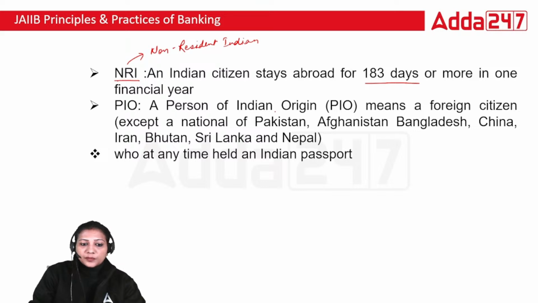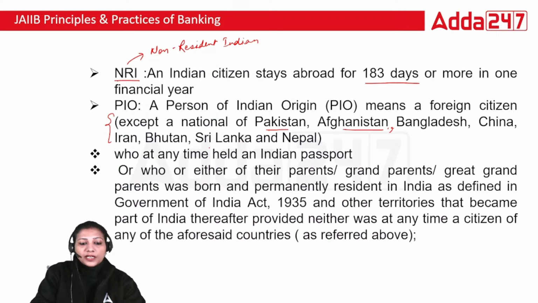PIO are persons of Indian origin, and this means a foreign citizen, except nationals of Pakistan, Afghanistan, Bangladesh, China, Iran, Bhutan, Sri Lanka, and Nepal, who at any time held an Indian passport. So this is the exception, but they held an Indian passport at some point of time, but now they are holding a passport of a different country because they have chosen to become a citizen of another country.